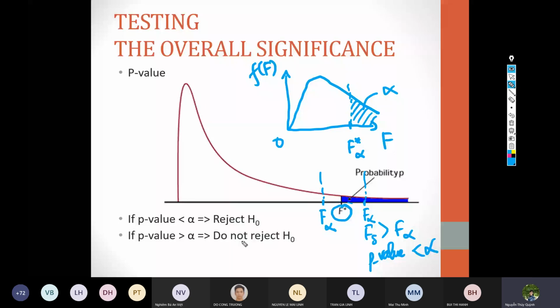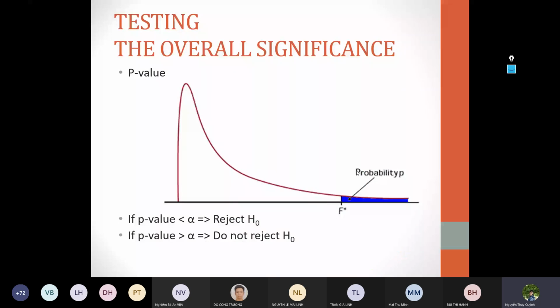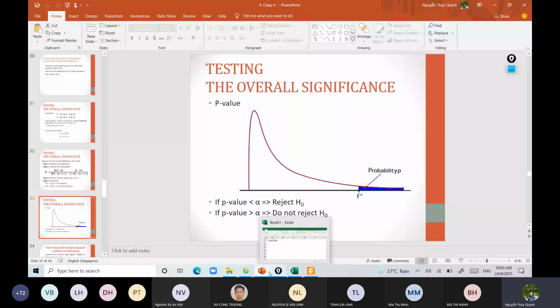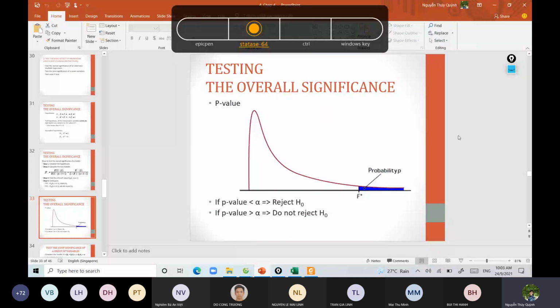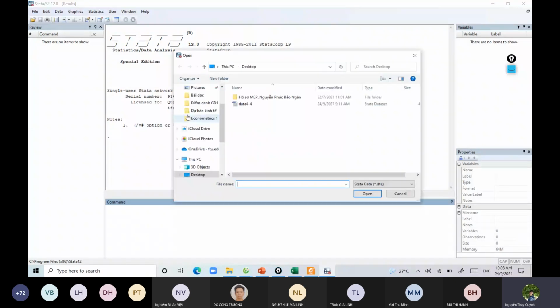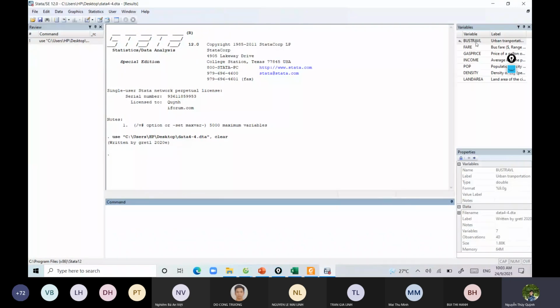Now, let's do an example. Okay, where's my example? All right, so I will open the starter. For example, I may have an example here. I have a set of data including bus travel, which is the transportation by bus in some urban area.